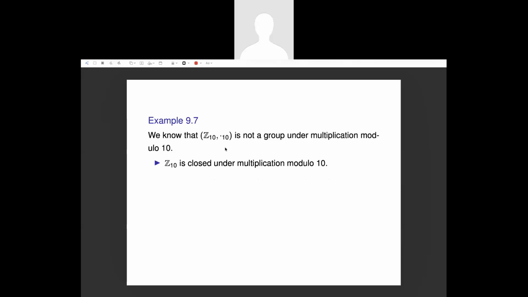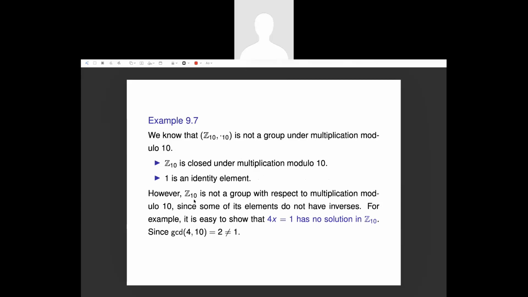Clearly Z10 is closed under multiplication modulo 10, and 1 is the identity element.